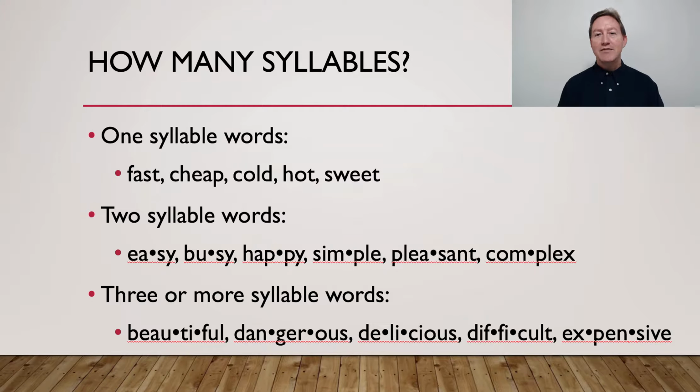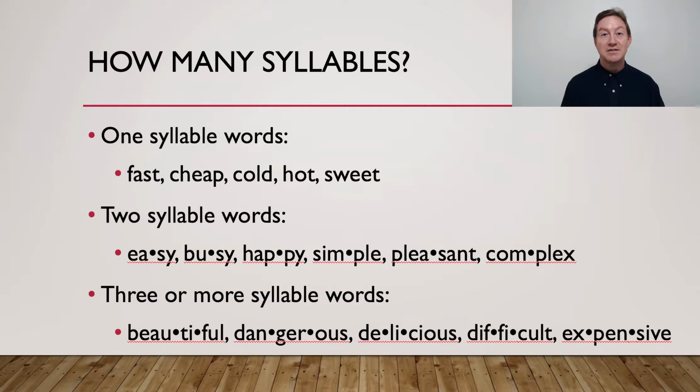So if you watch the comparative video that I just recorded for you, you'll know that I talked a bit about the number of syllables an adjective has. So let's look again just quickly at number of syllables in adjectives. One syllable words are examples here. We have fast, cheap, cold, hot, sweet.